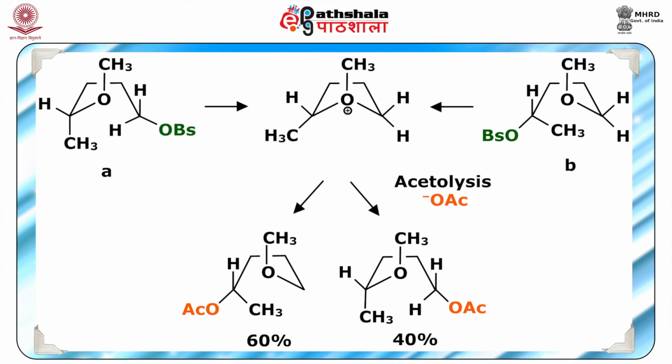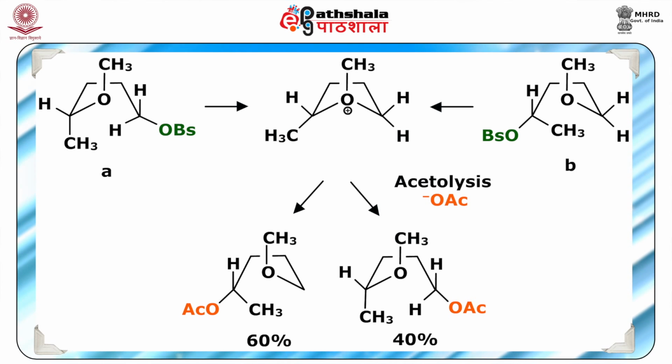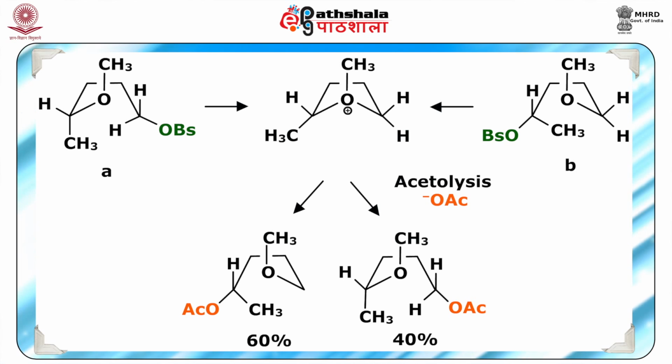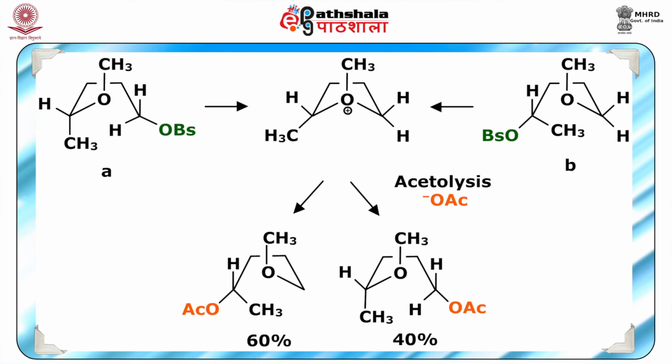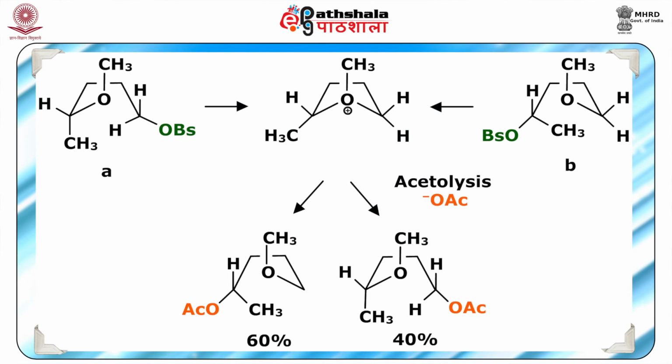And once we get this intermediate, it can lead to the attack further, that is OAc minus can attack either at this carbon leading to this particular product in 60% yield as shown here, or the OAc minus could attack on this carbon, thereby leading to this particular product which is formed in 40% yield.